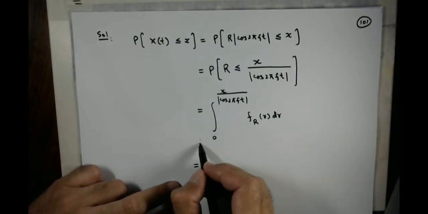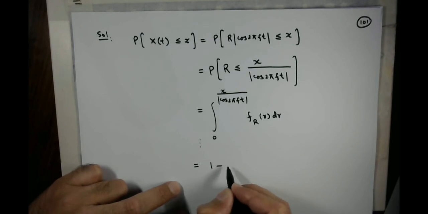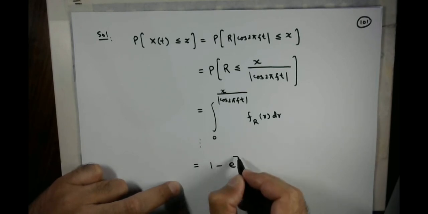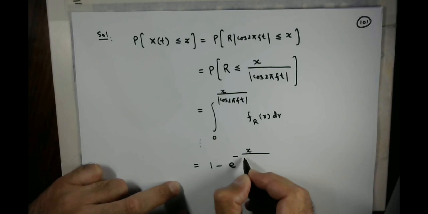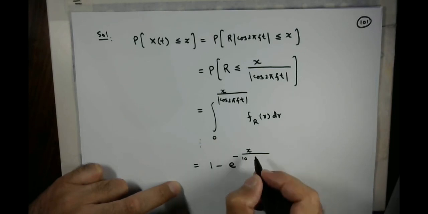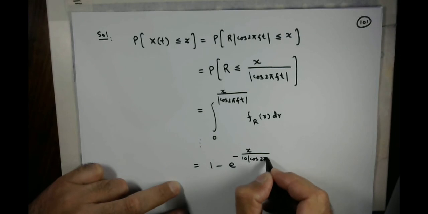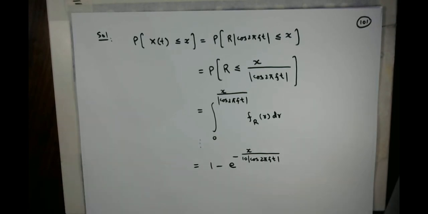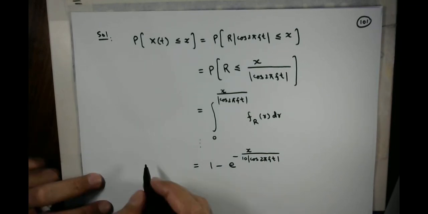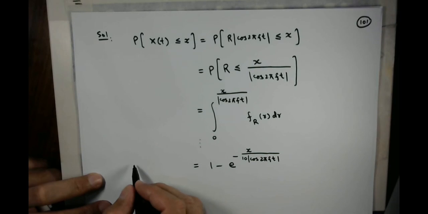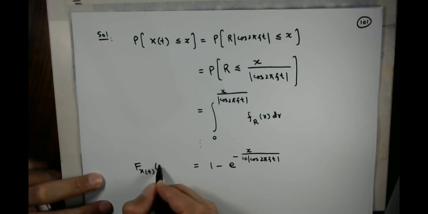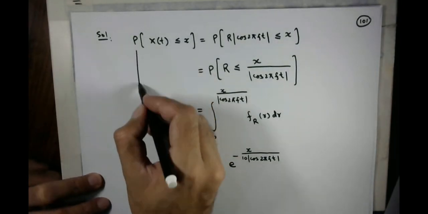So when you integrate this, you will get 1 minus e raised to power minus x over 10 times absolute cos 2 pi ft. You have to solve this integration. So you see, this is now effectively the CDF of the process.